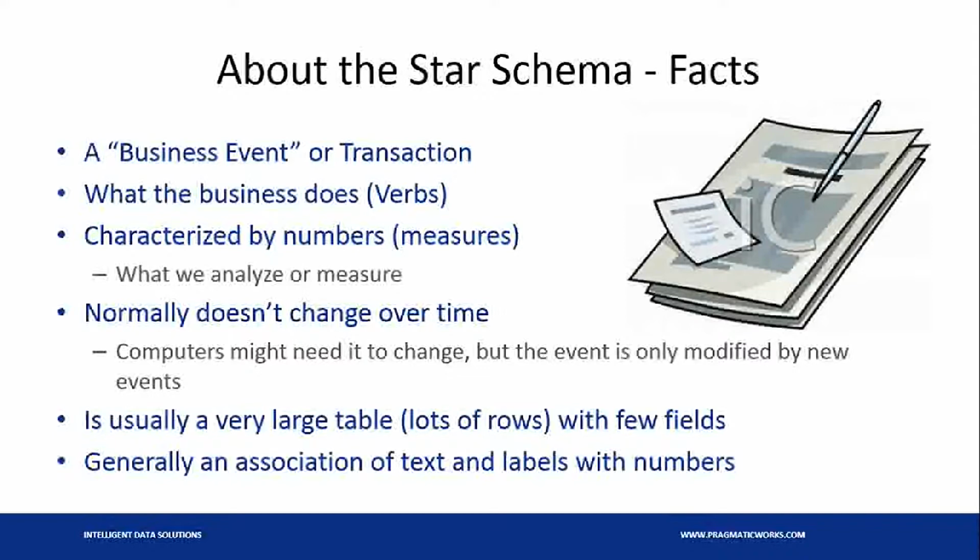Remember a minute ago I was pointing at the airline and the airport table, and I said we needed a table in the middle that let us associate our airlines to our airports. That fact table is that association between all those labels, and it gives me those numbers that describe that association. So we landed this many times on time and this many times late.